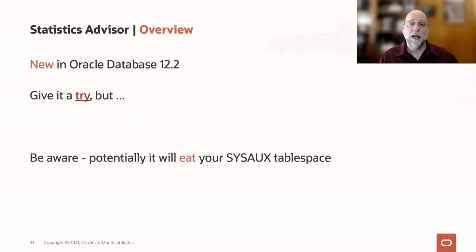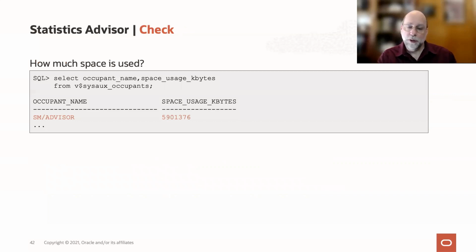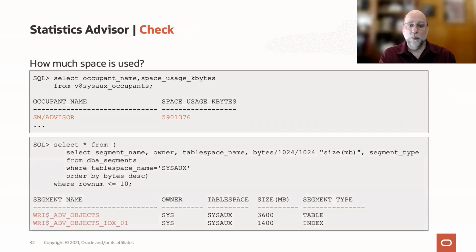And sometimes that data can be quite expansive. So what you might want to do, especially if you're running 12.2 already and didn't realize that the advisor's been running every night, is query the V$SYSAUX_OCCUPANTS view to see how much space it's using, and it will really lay it out.